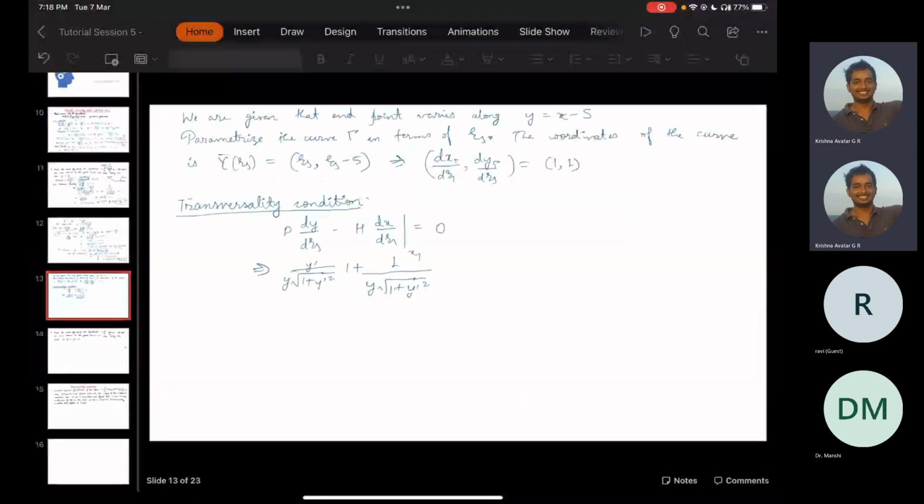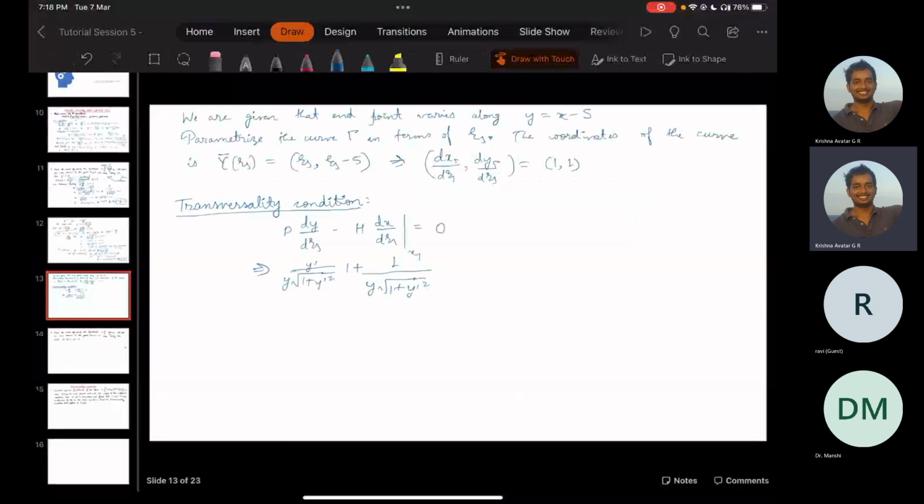So we are here. Minus into minus is just plus, and again dx by dxi is 1, equal to 0.